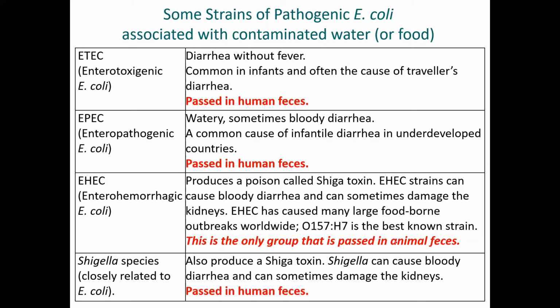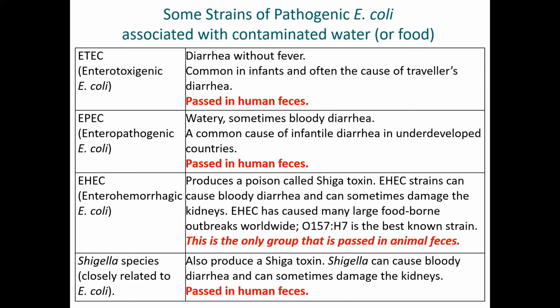Okay, but you can see that in red there's a common theme and something we talked about already. How do we get pathogenic E. coli? Usually due to feces. And you can see most of these cases are actually due to human feces. There's one group here that's passed in animal feces, and unfortunately, that's the worst one to get.